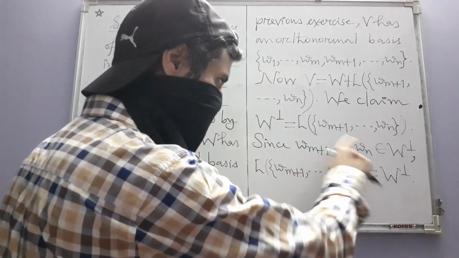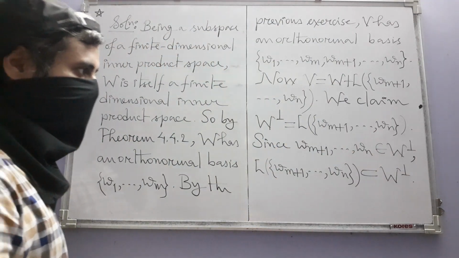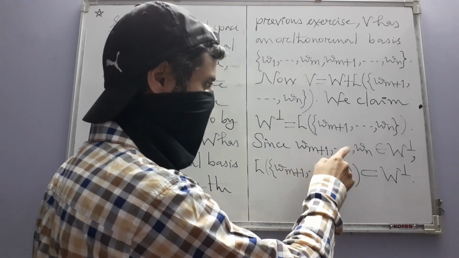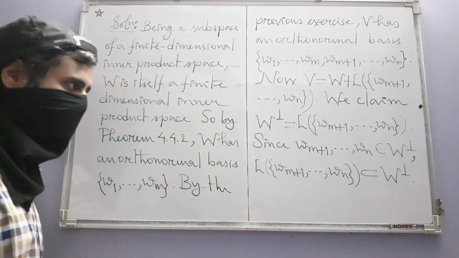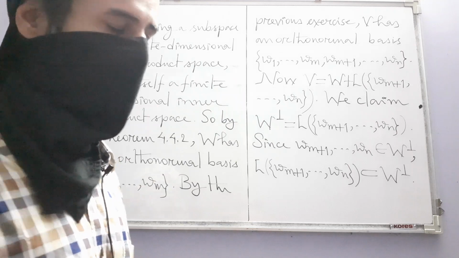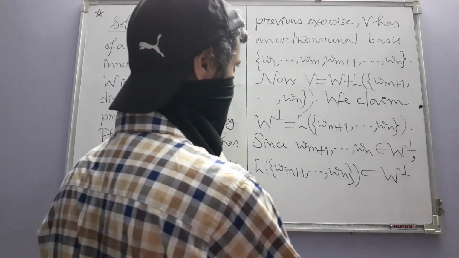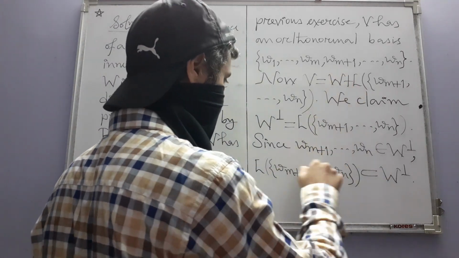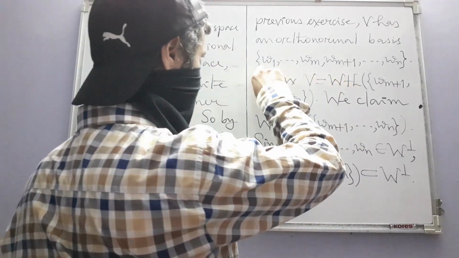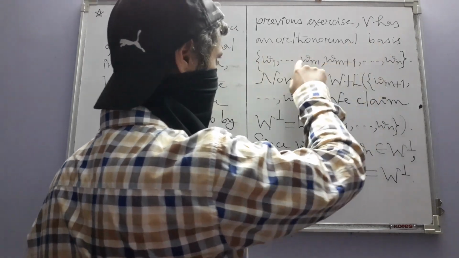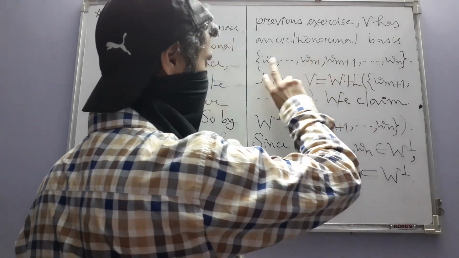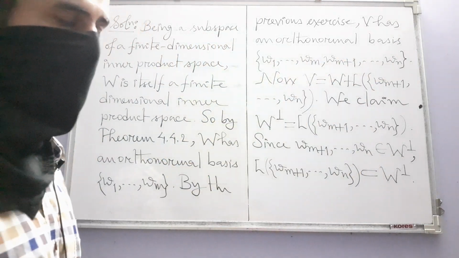Where are we getting this from? How do we know that these vectors Wm plus 1, Wm plus 2 all the way up to Wn belong to the orthogonal complement of W? Let's take the vector Wm plus 1. We know this is an orthonormal basis, meaning it's an orthonormal set, so any vector is orthogonal to any other vector.